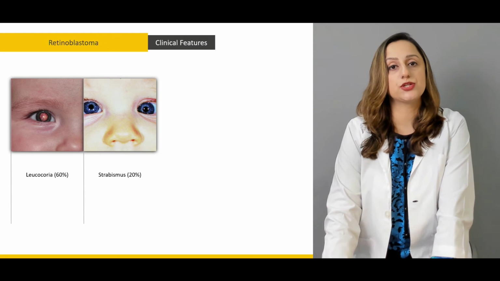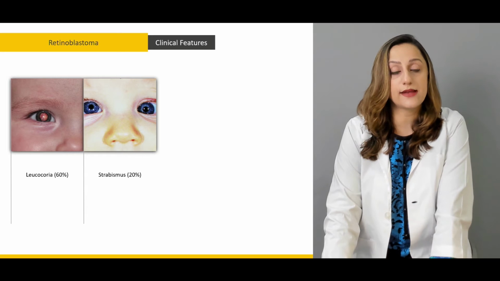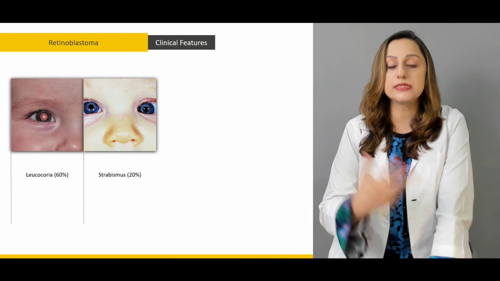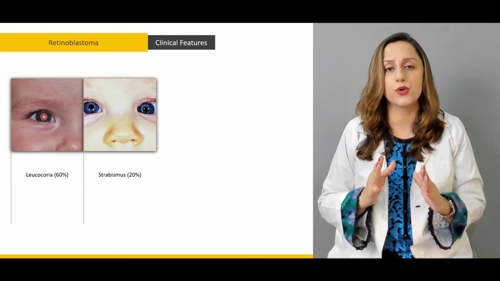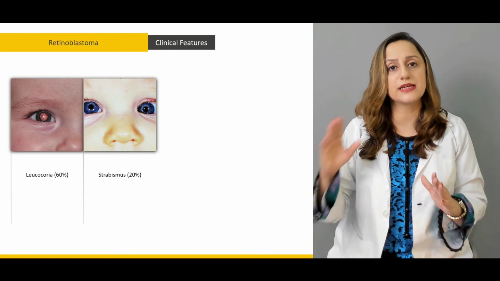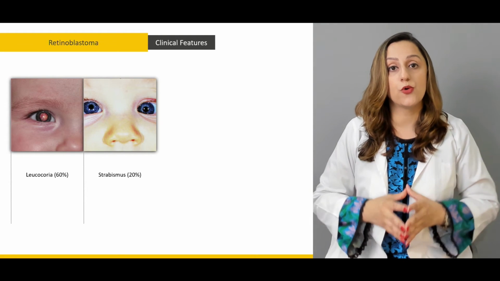In 20% of the patients, the clinical presentation relates to strabismus, also known as the squinting phenomenon, in which, when the patient is asked to look at a fixed distant point, both the eyes are not coordinated.